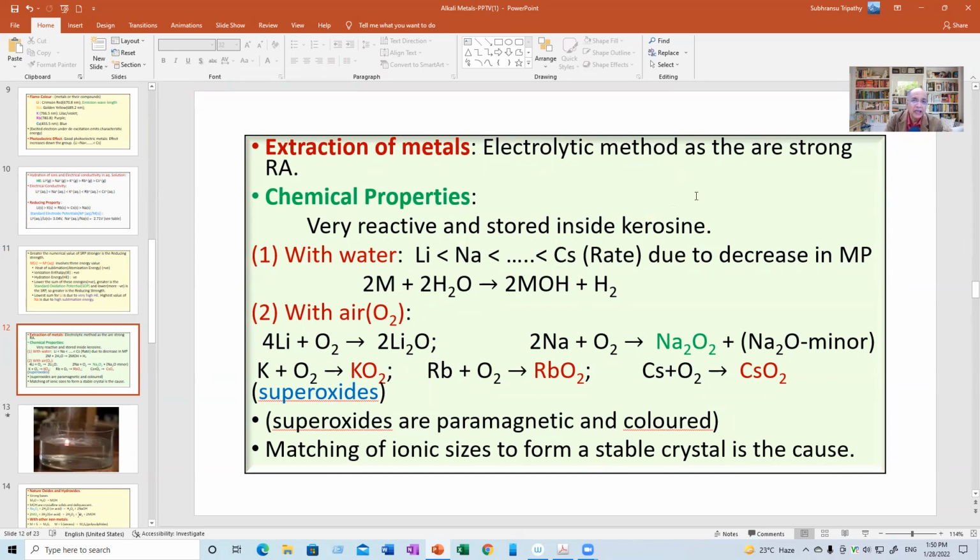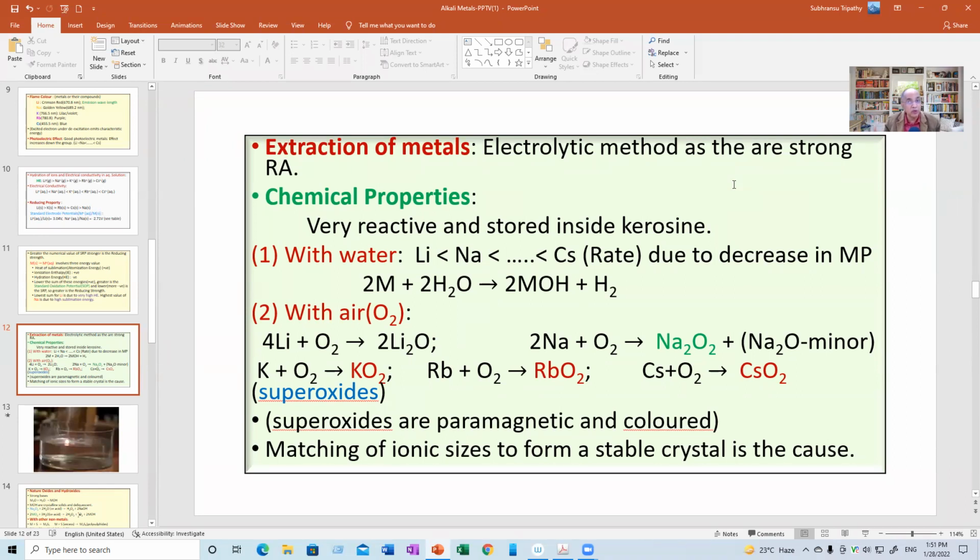So using a less powerful reducing agent like carbon, like coke or any other metal is absolutely uneconomical. It is not economically viable. Penny wise, pound foolish. That is why the electrolytic method is the only choice: carry out electrolysis, pass electricity, and get the metals at the cathode.